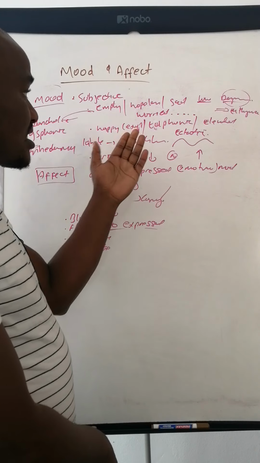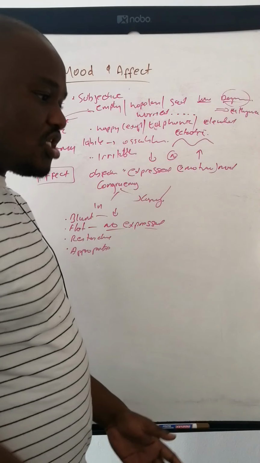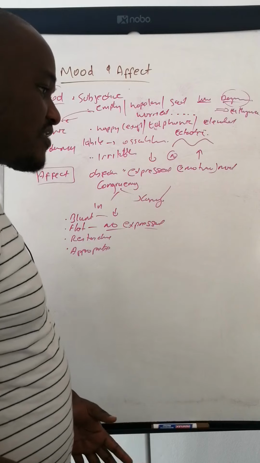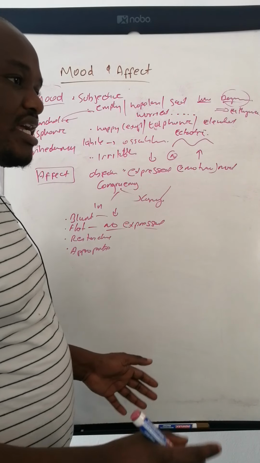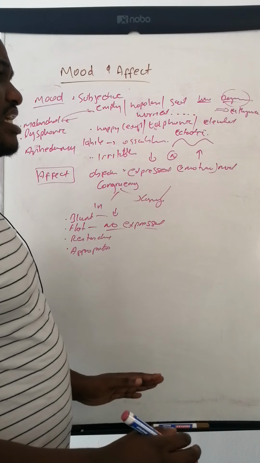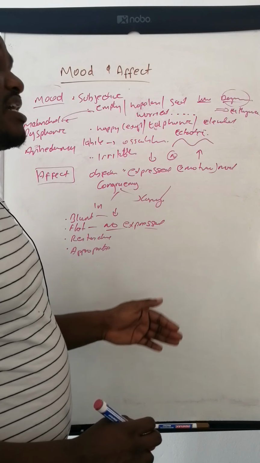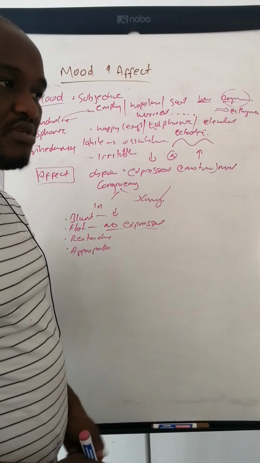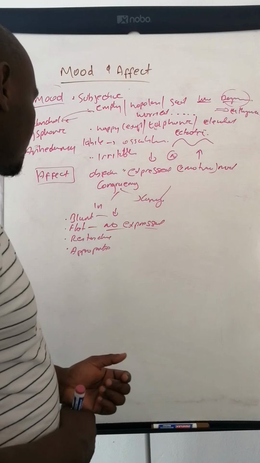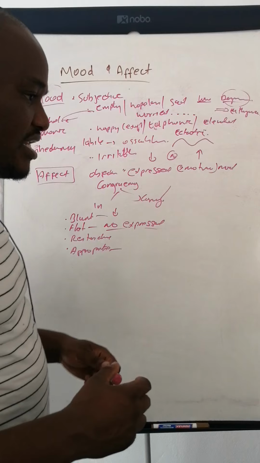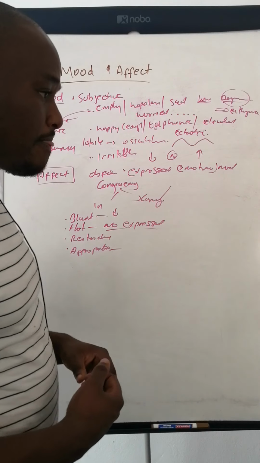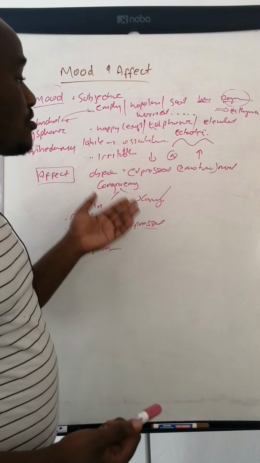But if you say you are sad, you are hopeless, and then I see agitation, you are moving everywhere and all of that, then I start to think, what's happening? Or when I look at you, you are smiling, you are happy, then I start to say, oh okay, now your affect is just not congruent with the mood that you have described. And the opposite can also be true.